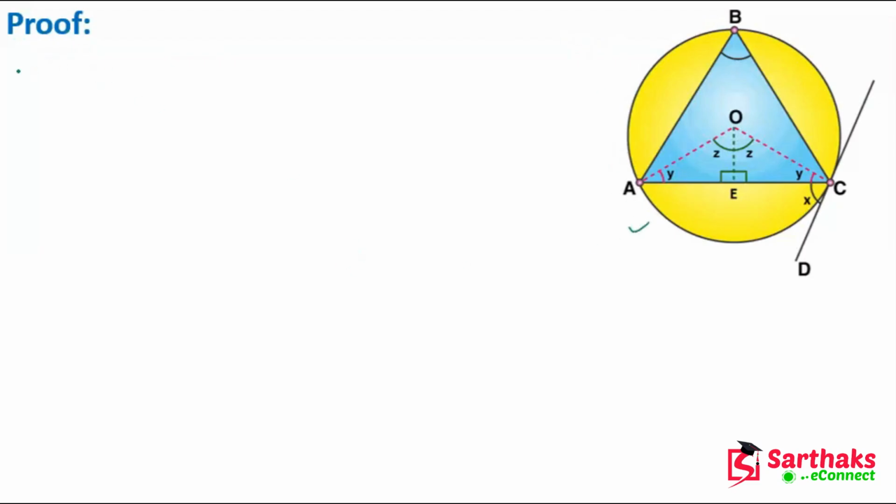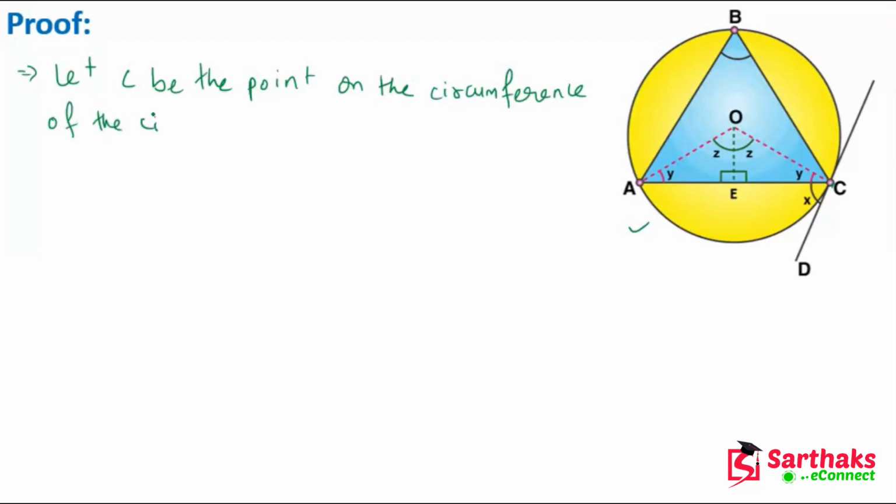Okay, now you can see in the figure. Let C be the point on the circumference of the circle, and let O be the center of the circle.